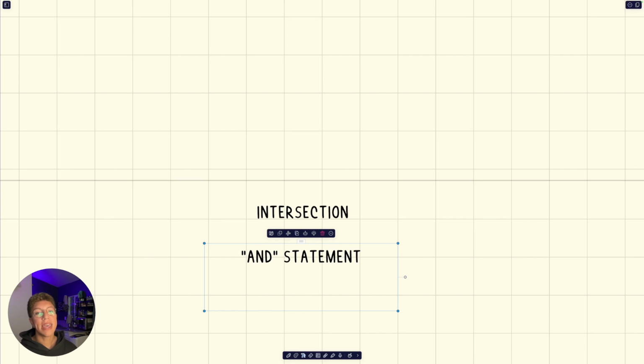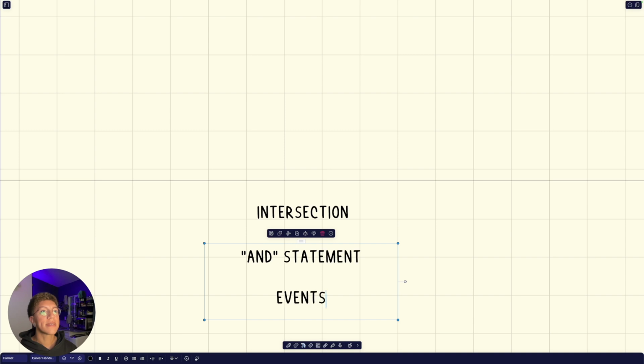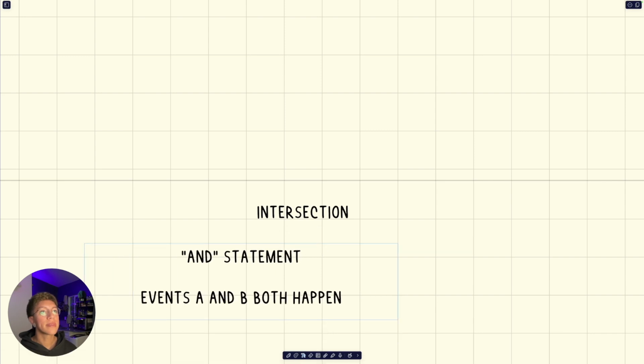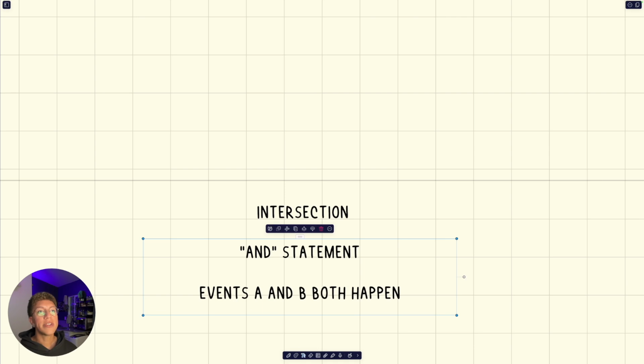So A and B happen together. That's our English statement. Or we could say both happen. And our intersection symbol is our upside down U once again. It looks something like that.